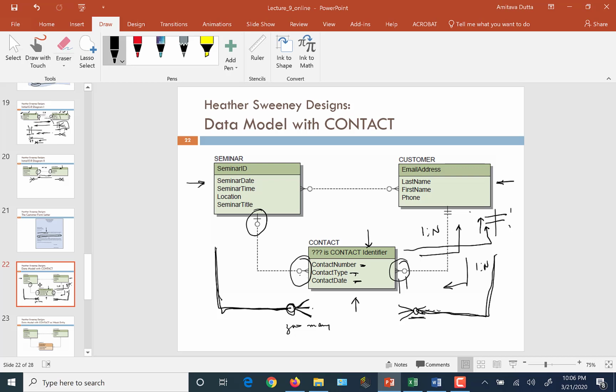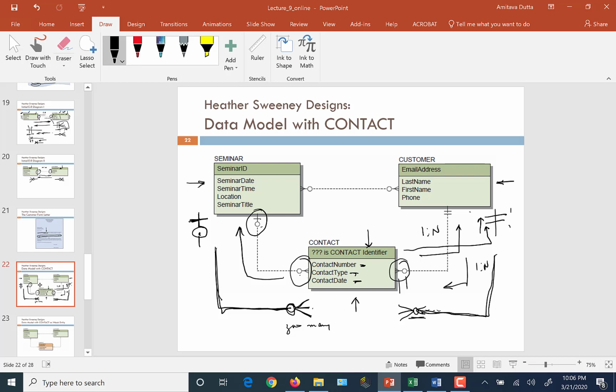Now if I go in the reverse direction, one contact is generated from at least zero and at most one. Again, if I blow up this particular cardinality, it looks like this. The minimum is zero and the maximum is one.